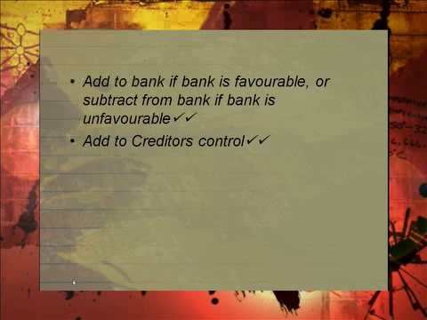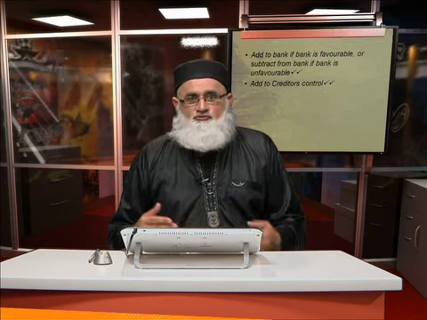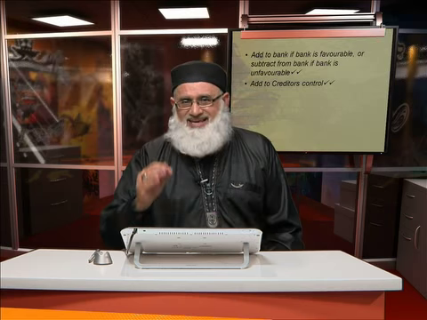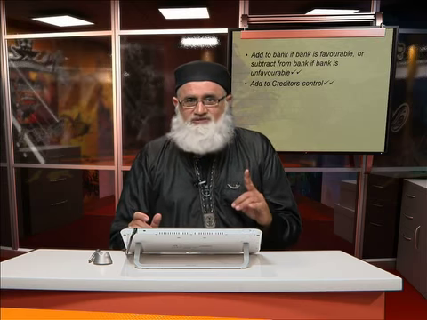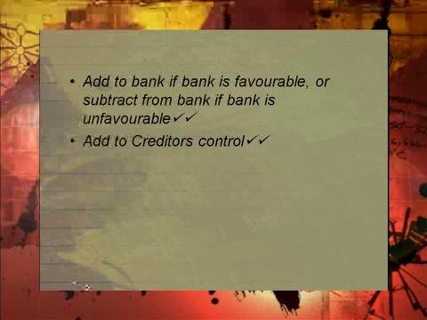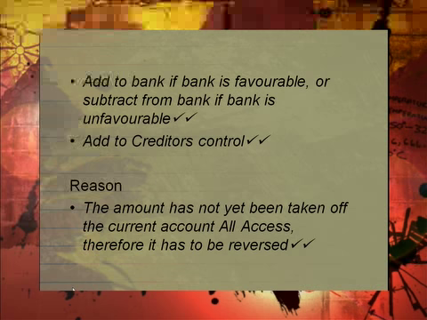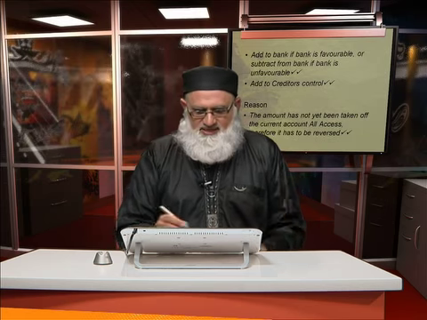Because in reality, we have not paid this creditor as yet. Clear? Therefore, for our accounting records to be as accurate as possible, the double entry is debit bank, credit creditors' control. The reason? The amount has not yet been taken off the current account of All Access. Therefore, it has to be reversed. Got that? Brilliant.